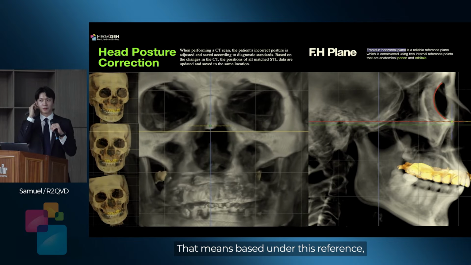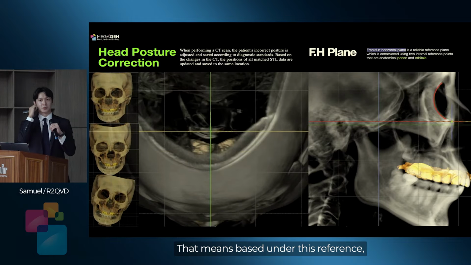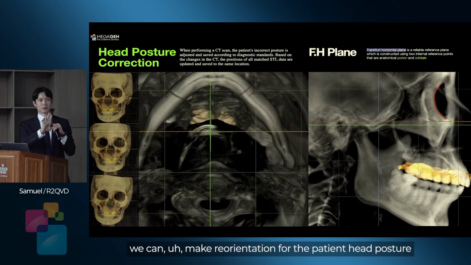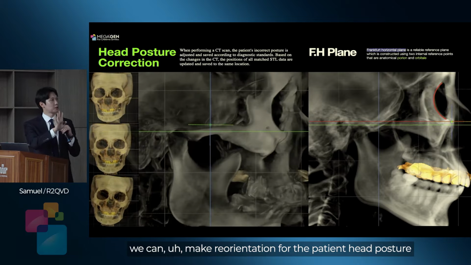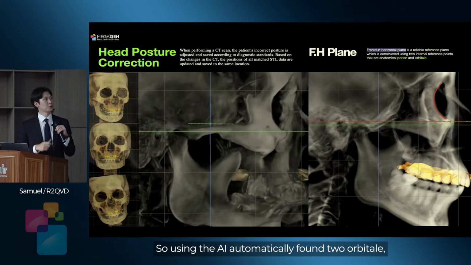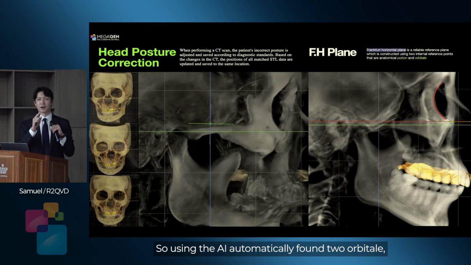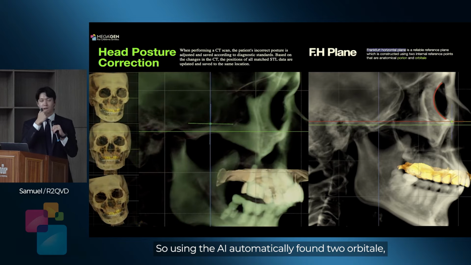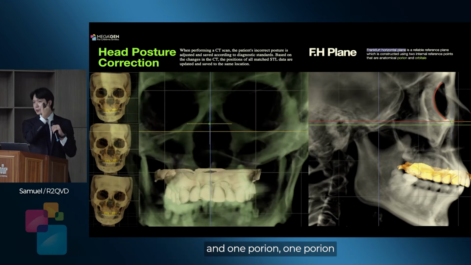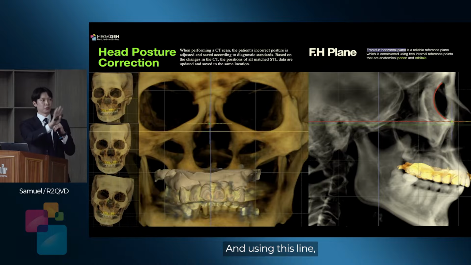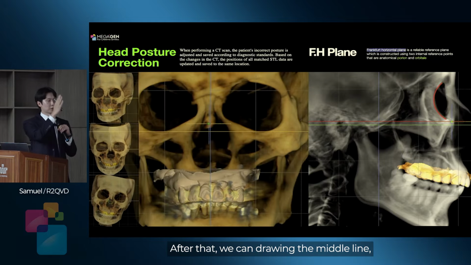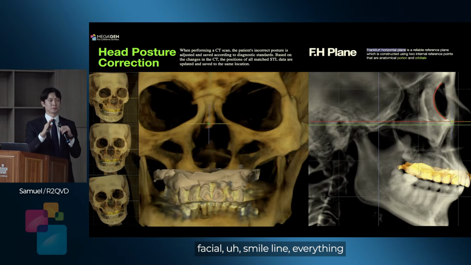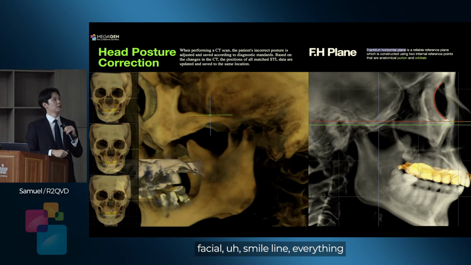Based on these references, we can reorient the patient's head posture. So the AI automatically finds two orbitale and one porion, and using this line we reorient. After that, we can draw the midline, facial line, smile line, everything.